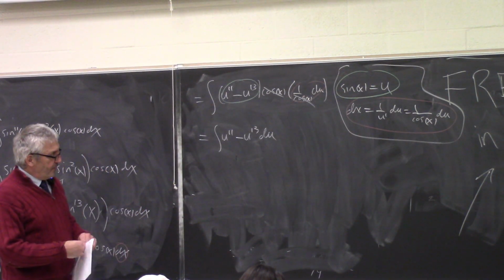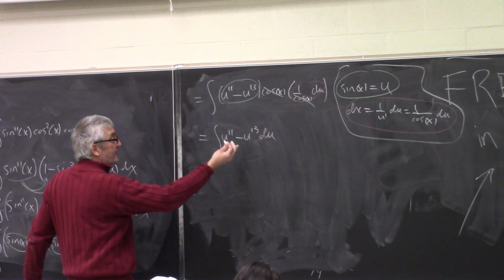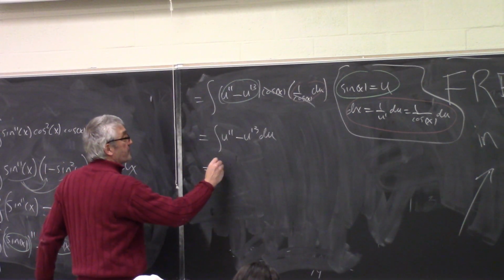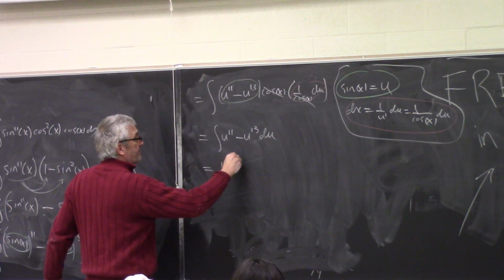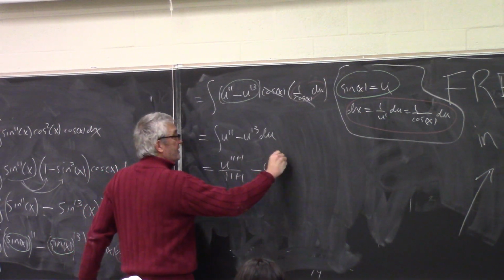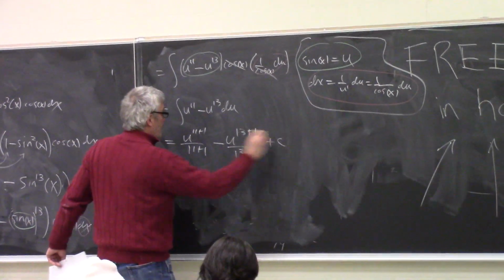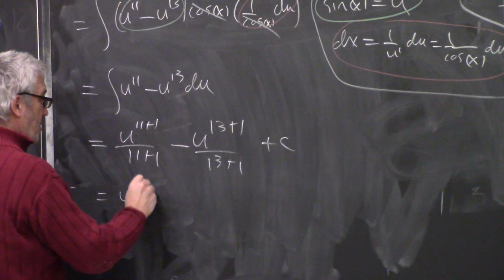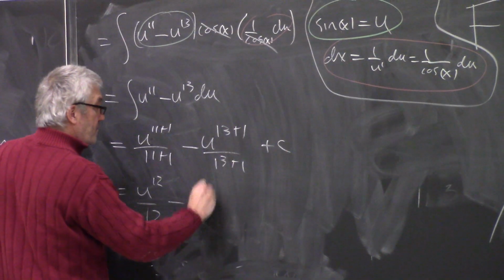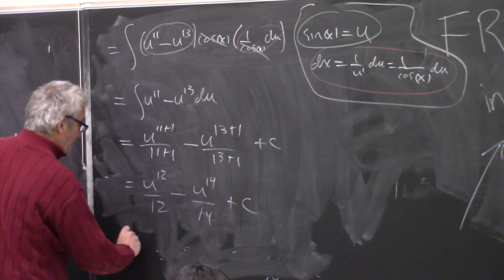So the result of the substitution step should be a clean integral involving just u. So then this is going to be u to the 11 plus 1 over 11 plus 1 minus u to the 13 plus 1 over 13 plus 1. So that's u to the 12th over 12 minus u to the 14th over 14 plus C. Then I substitute back.